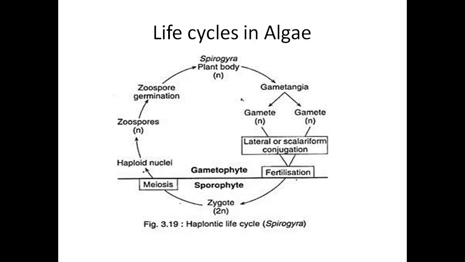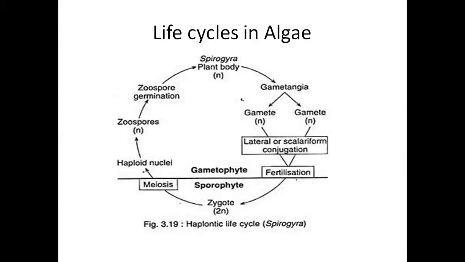Where we see the chromosome number, if it is a single set of chromosomes, then it will be the gametophytic stage. Where there are double sets of chromosomes, 2n, that means that is the sporophytic stage. And in the whole haplontic life cycle, only the zygote is in the diploid stage, and all the rest are in the haploid stage.